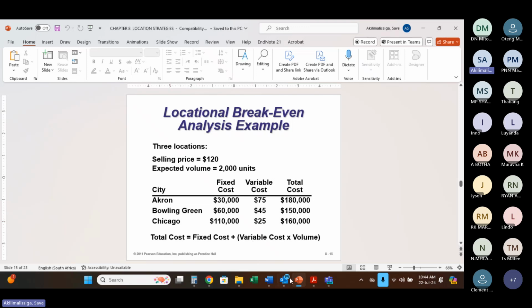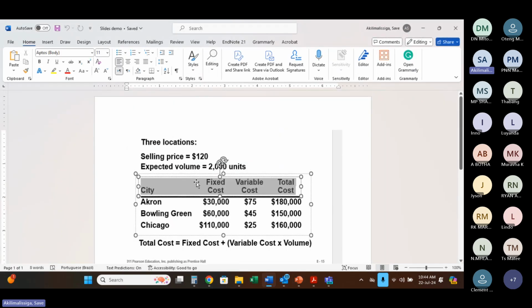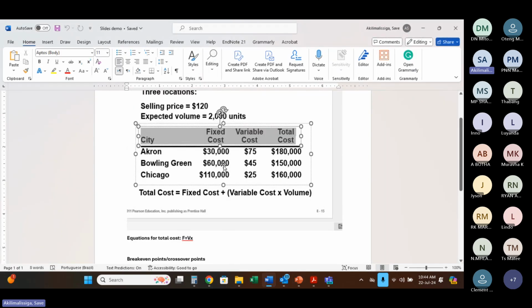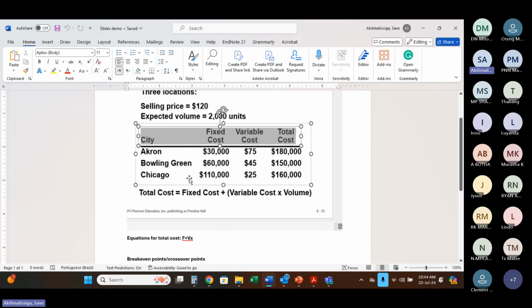I opened a document here already. This is the same example. In order for you to plot this graph, something that you have to do first is to have the equation of each location. The idea is for us to calculate what you call the crossover point. Those values are now going to help us to plot the graph.